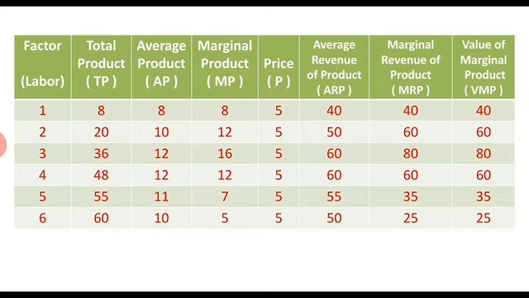The producer employs the factors where the average revenue product, marginal revenue product, as well as value of marginal product are the same. At this stage, the producer or entrepreneur employs only up to that stage.